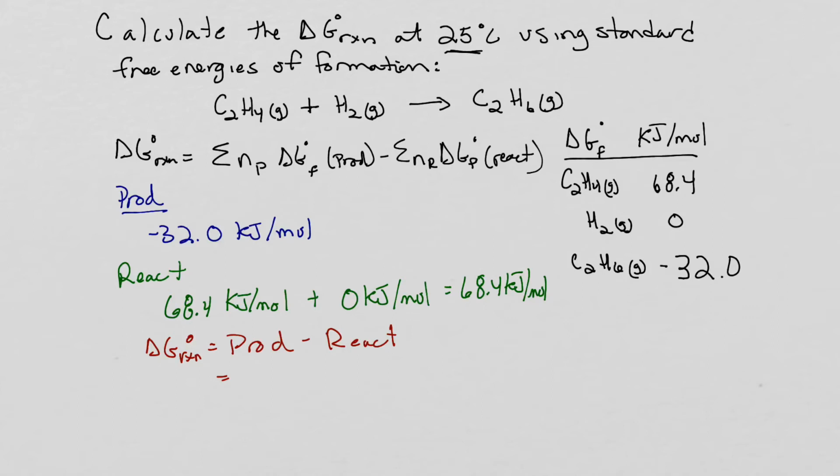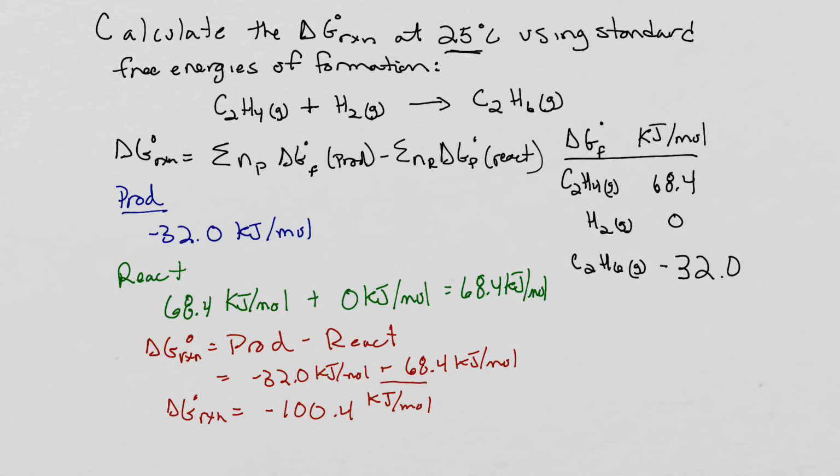It's going to equal our minus 32.0 kilojoules per mole minus the reactants at 68.4 kilojoules per mole, to give us an overall value of minus 100.4 kilojoules per mole for my delta G of reaction under standard state conditions.